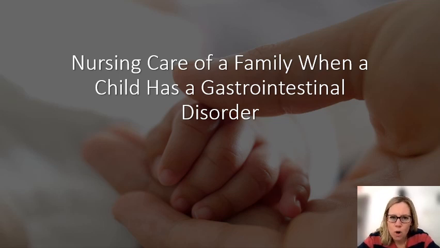But these kids also need to be quickly assessed because we want to be assessing them for signs and symptoms of fluid loss that can result from GI disorders. So signs and symptoms are poor skin turgor, depressed fontanelles, dry mucous membranes, or even no tearing when crying. These guys really quickly need to be assessed for any signs and symptoms of that fluid loss.